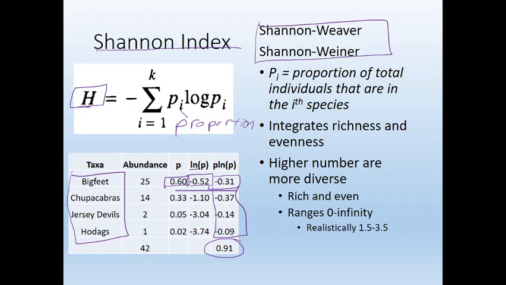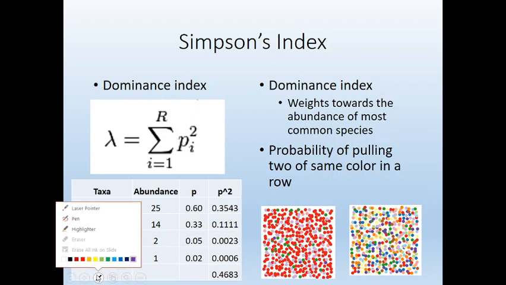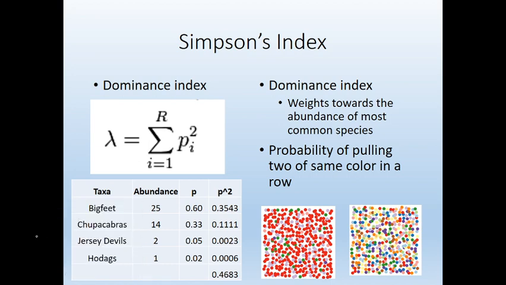I want to move then to our next one, which is the Simpson's index. The Simpson's index is really a dominance index, where we're looking at the dominance of the most abundant or most common species. What it's really doing is looking at the probability of pulling two of the same color, so two of the same species.